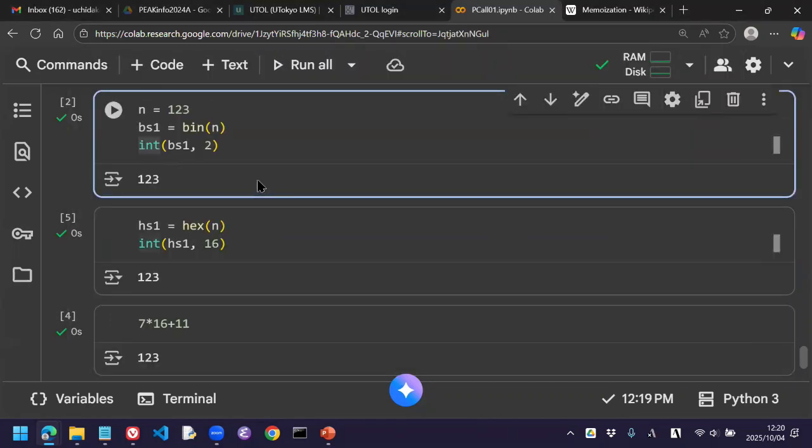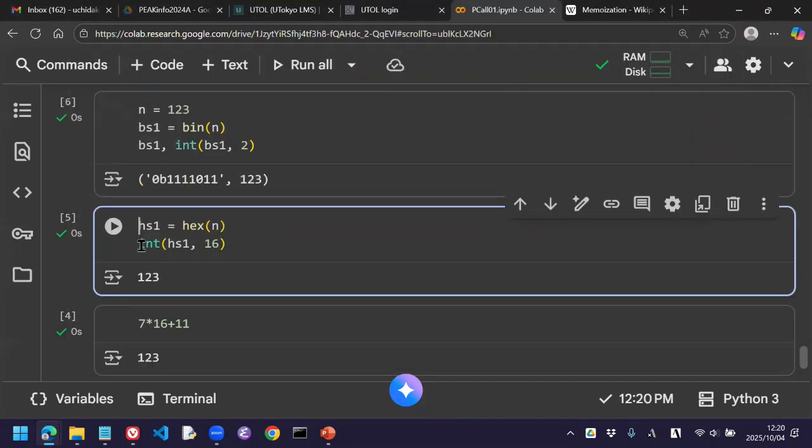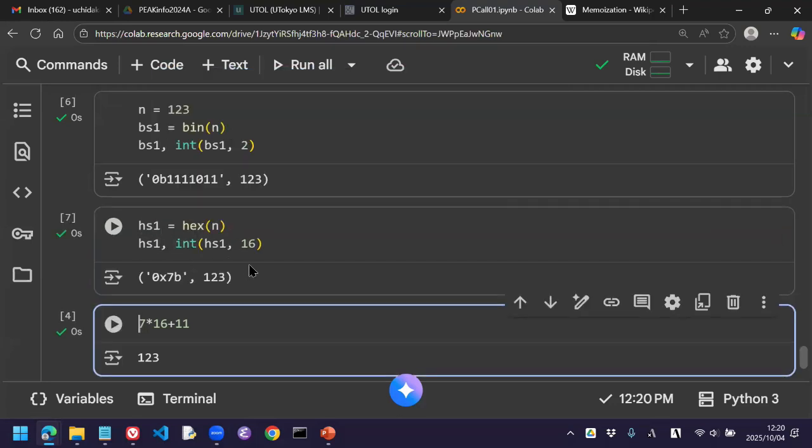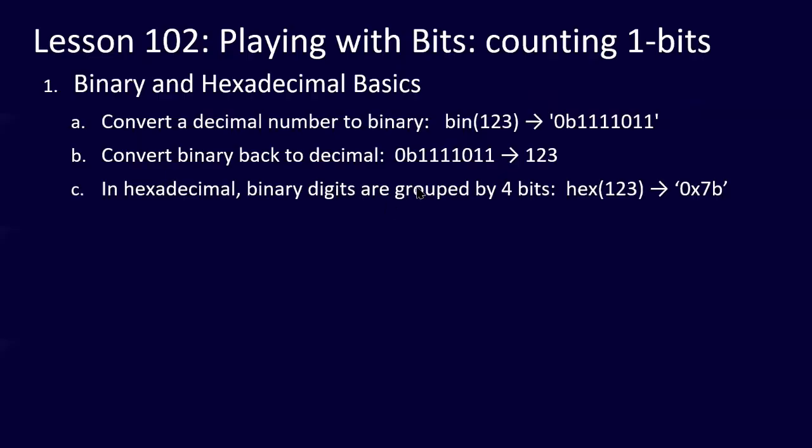Good, so bs1 and the integer back, and here hs1 and the integer back, 0x7b. So now we have a correct slide in which hexadecimal of 123 is 0x7b.